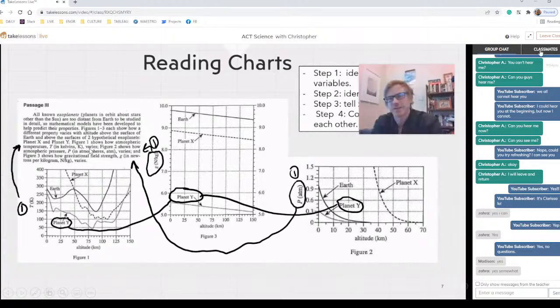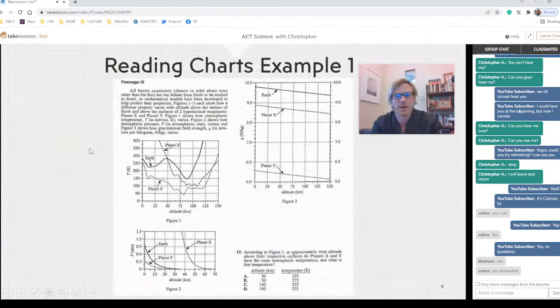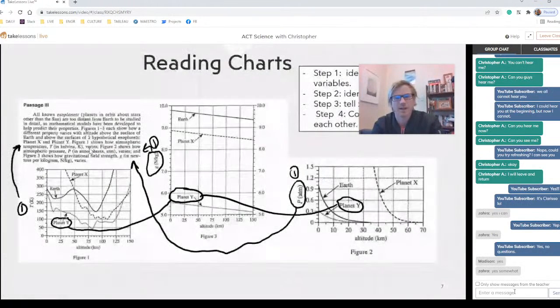You don't have to necessarily know too much about pressure, but you want to tell the same story. So basically, as the altitude increases, what does pressure do? It goes down. Very similar to the temperature, although we must note that the temperature goes down and then goes up in a lot of cases, which is different than the pressure. The pressure just goes down throughout.